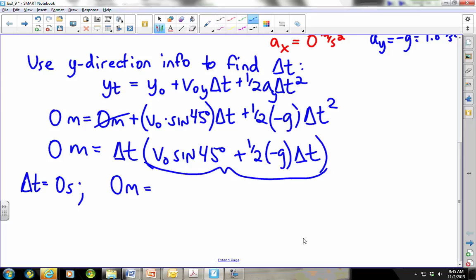So let's set that equal to 0: v naught sine 45 plus 1/2 negative g delta t equals 0. What I want to do is get t by itself.